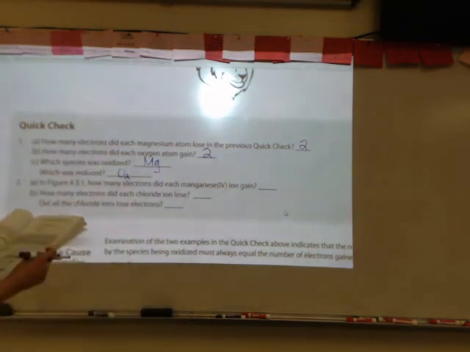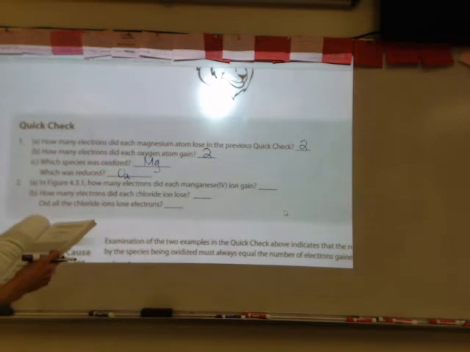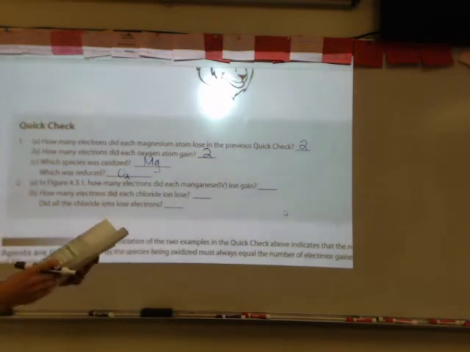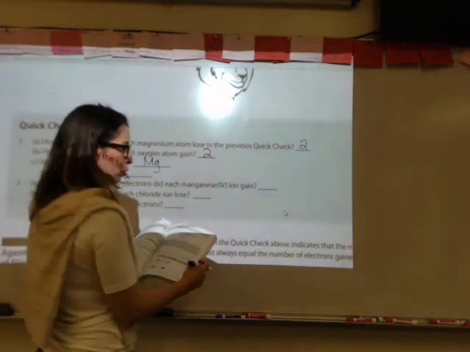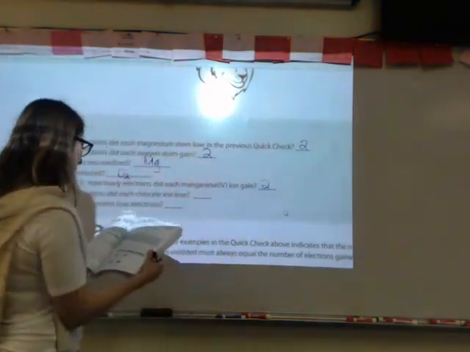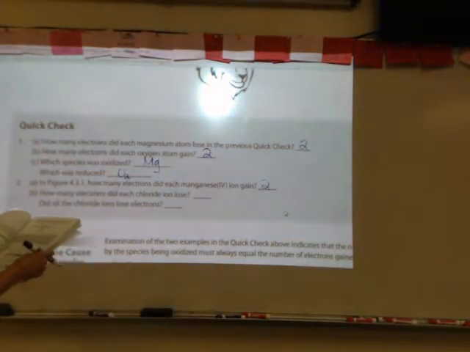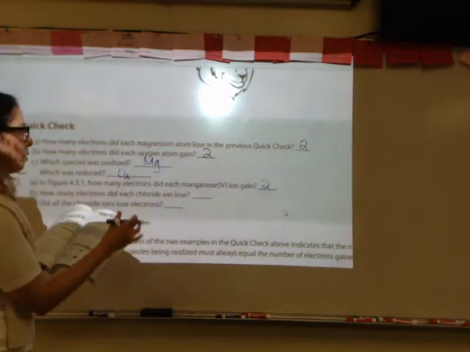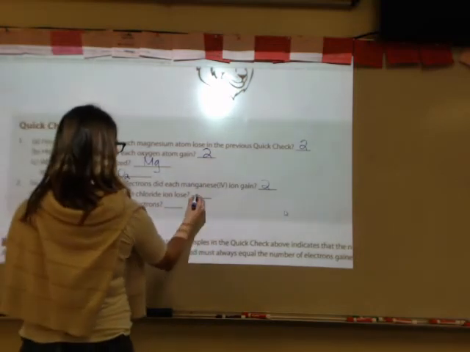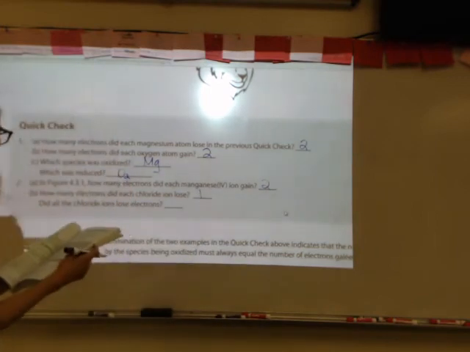How many electrons does each manganese Roman numeral 4 ion gain in the figure on the previous page? Well, the oxidation number was changing from a +4 to a +2. So that was 2 because it was a difference of 2. How many electrons did each chloride ion lose? Well, that went from a -1 to a 0 oxidation number, so each lost 1.